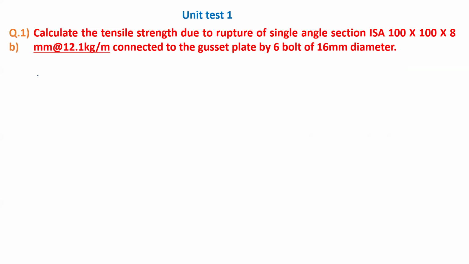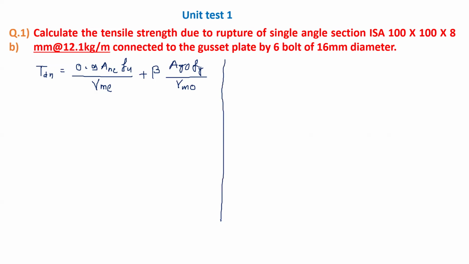We will directly go with the pitch, because what is required, you can write the formula: T_dn is equal to 0.9 A_nc F_u upon gamma_m1, plus beta A_go F_y upon gamma_m0. So we will find one by one terms. We will first go with A_nc.